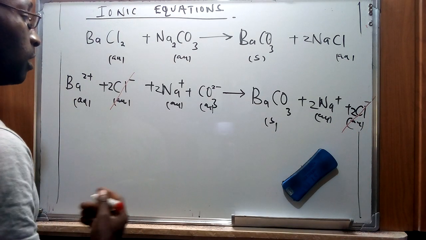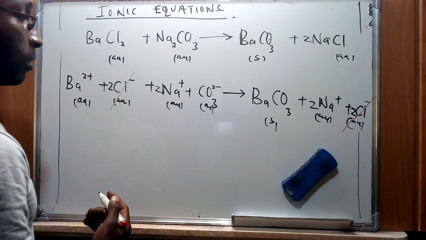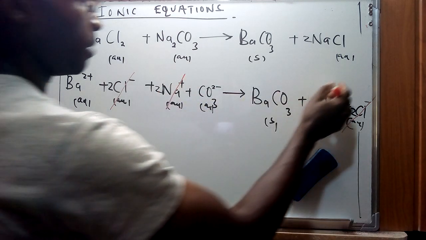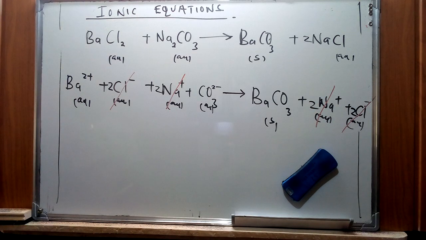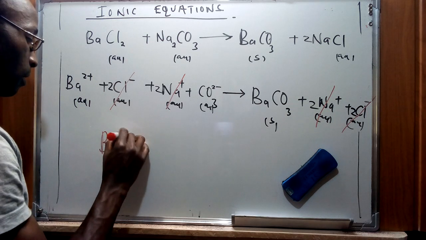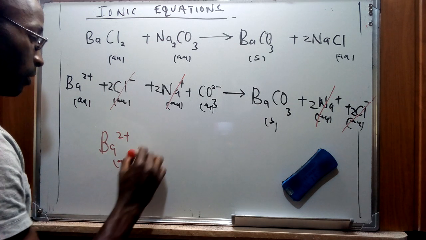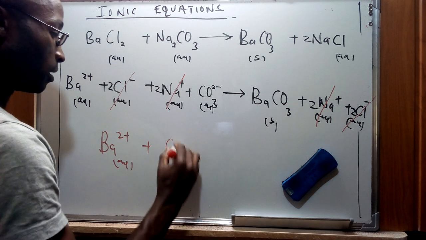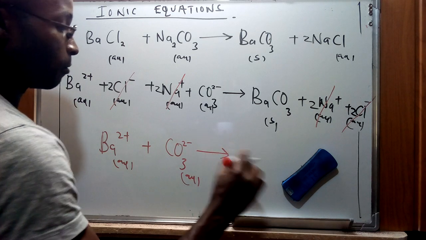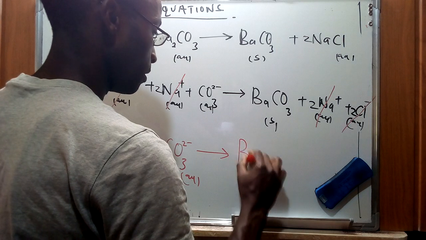And the other ones that have not changed are the sodium ions. They are still remaining in their state, which is the same. So therefore we are going to have barium ions reacting with the carbonate ions to form barium carbonate.